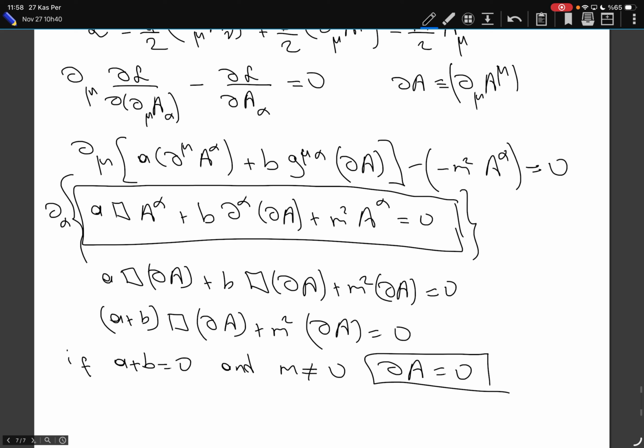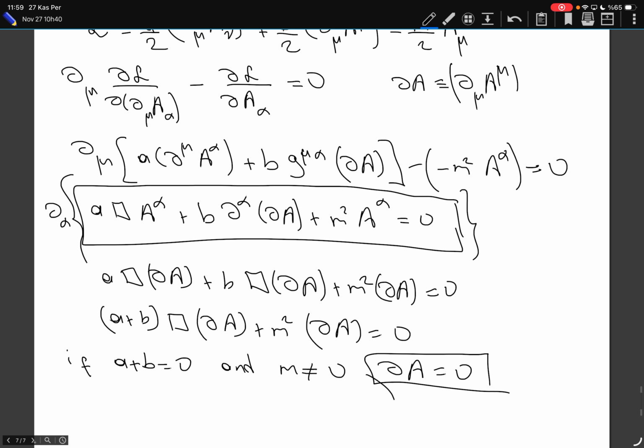Well, that is kind of nice, because remember, the 4 vector has 4 degrees of freedom, but the equation of motion gives me a relation between them. This condition relates those 4 of them, so all 4 of them are not independent of each other. I only have 3 degrees of freedom left. That was what I wanted.